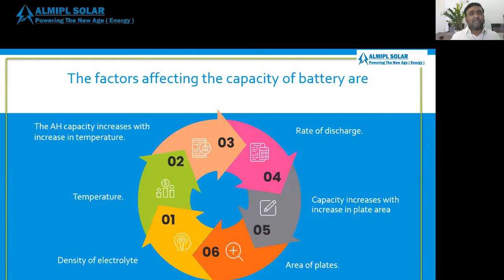Commonly in the market, 10%, 20%, 50%, 80% discharging capacities are available. 10% or 20% will affect the battery life. So we recommend 50% discharging of the battery.